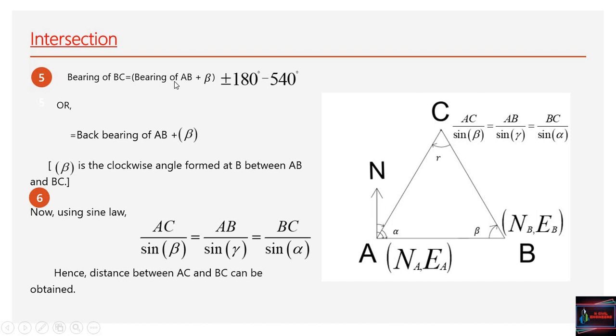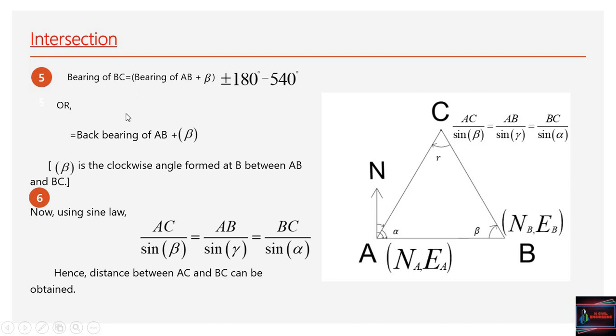If the sum of bearing of AB and beta does not exceed 180 degrees, then we add 180 degrees. And if the sum of bearing of AB and beta exceeds 540 degrees, then we subtract 540 degrees.